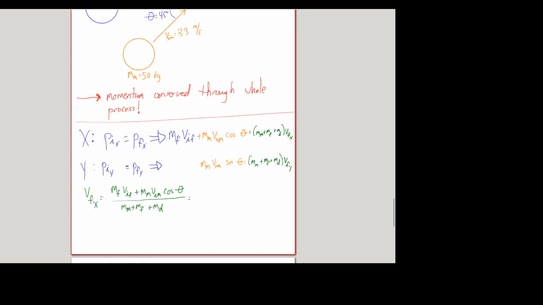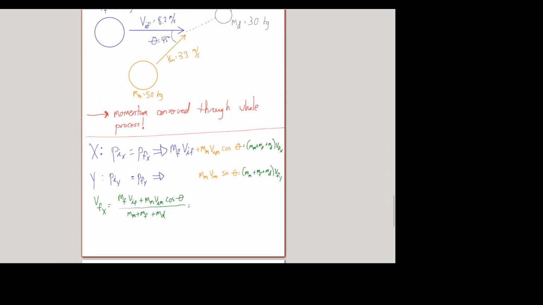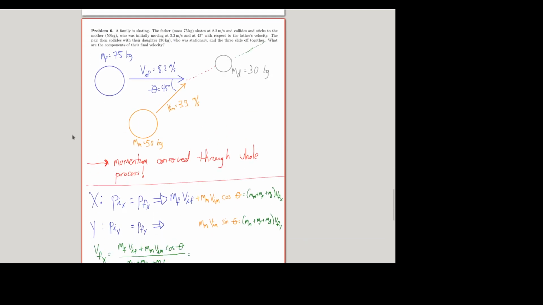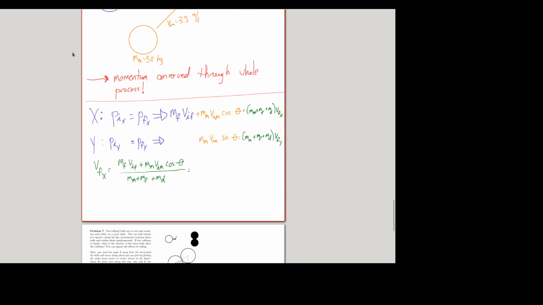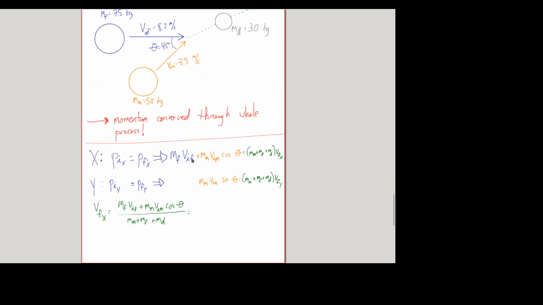Putting all of those numbers in. So I'm typing mass of the father is 75 kilograms. Sorry, I clicked into the wrong window here. 75 kilograms times 8.2 meters per second plus 50 kilograms times 3.3 meters per second times the cosine of 45 degrees all over their total mass.